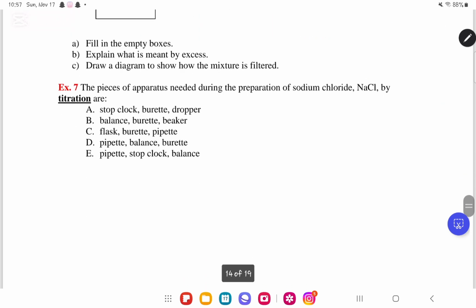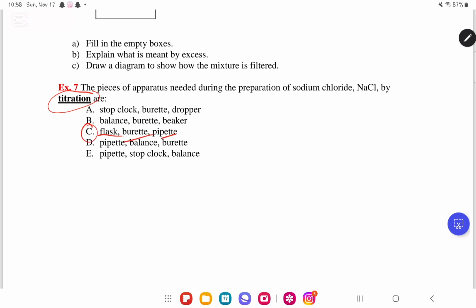Exercise 7. The pieces of apparatus needed during the preparation of sodium chloride, NaCl, by titration are: whenever we're using titration, we definitely need some specific things, which are beakers, flasks, pipettes, and burettes. So you have to look at the option that has a beaker or a flask, a flask could work, a beaker could work, and a burette and a pipette.